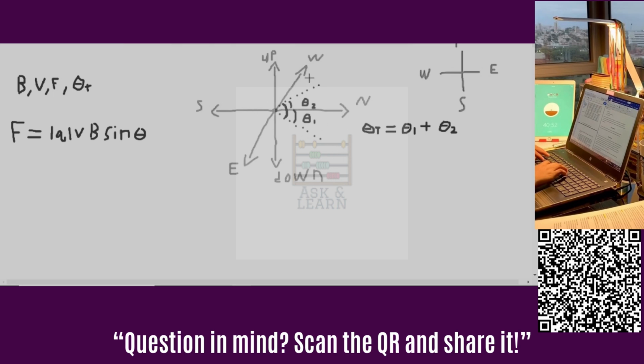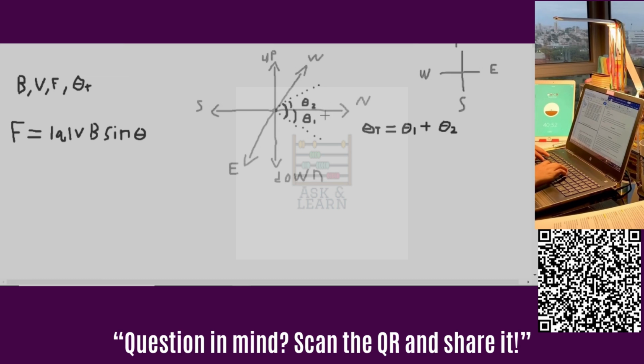And then your palm faces in the direction that the force should be. So we have our angle between velocity and magnetic field. So your fingers point in the magnetic field direction. Your thumb points along the velocity, which in this case is directed up. And then your palm should point in the direction the force is in.